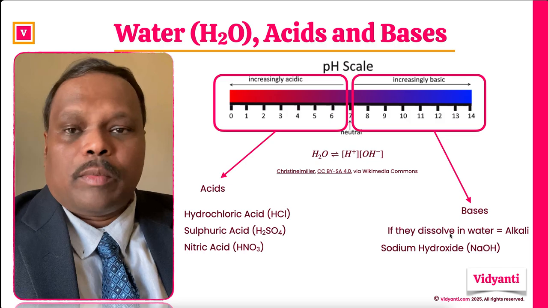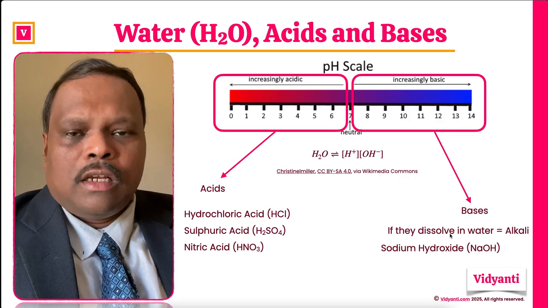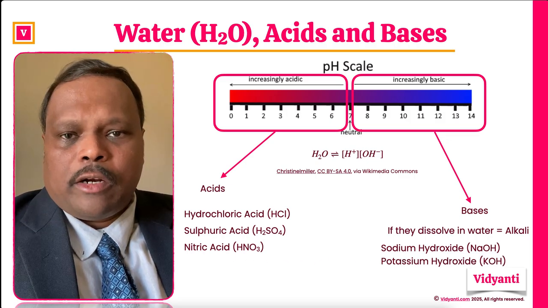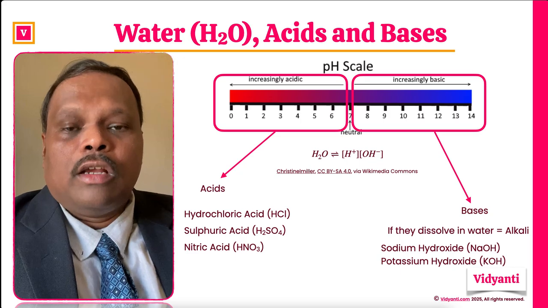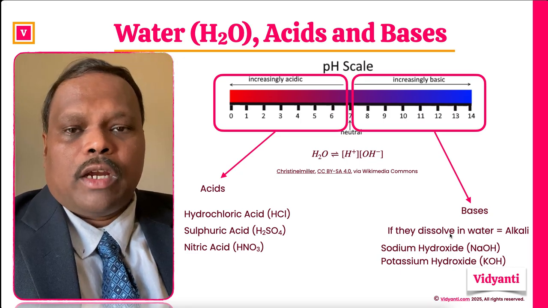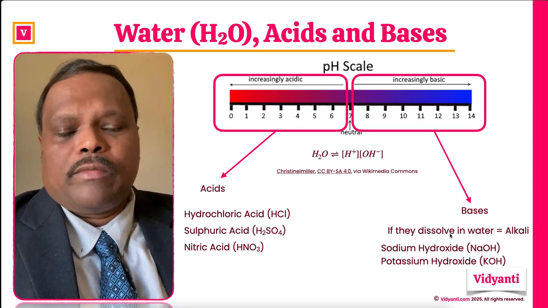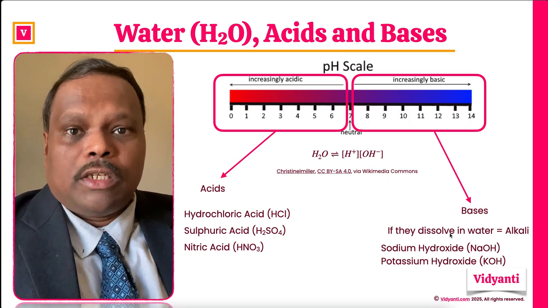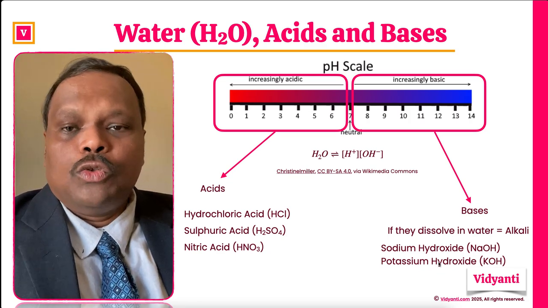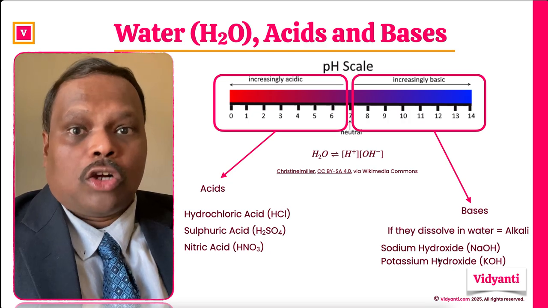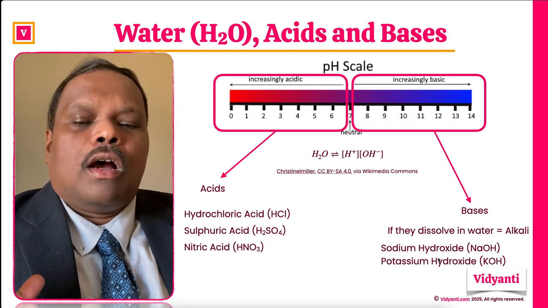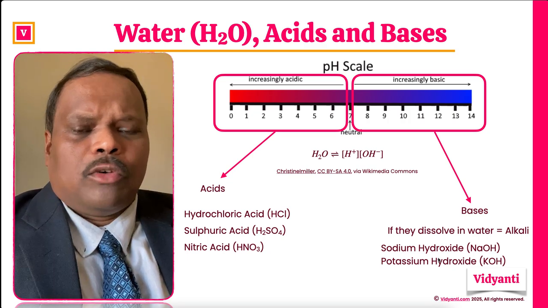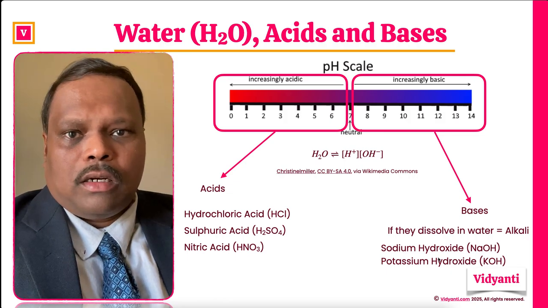Now, typical examples will be sodium hydroxide and then potassium hydroxide. Those who recall the periodic table, sodium and potassium being towards the leftmost side of the periodic table, have a strong positive affinity, and that's why these two will be the strong bases. Other than that, we have ammonium hydroxide and other hydroxides also.